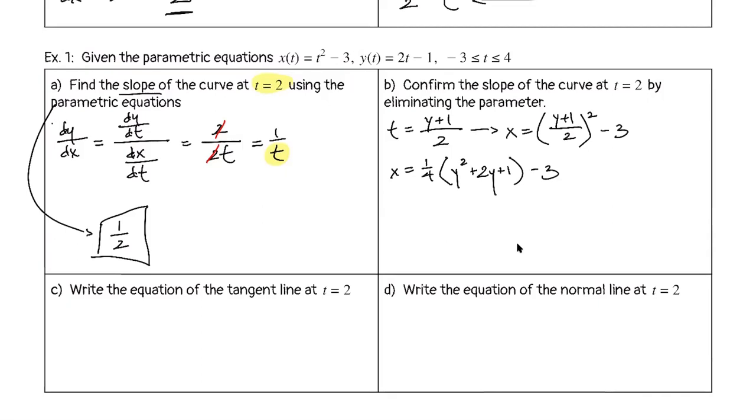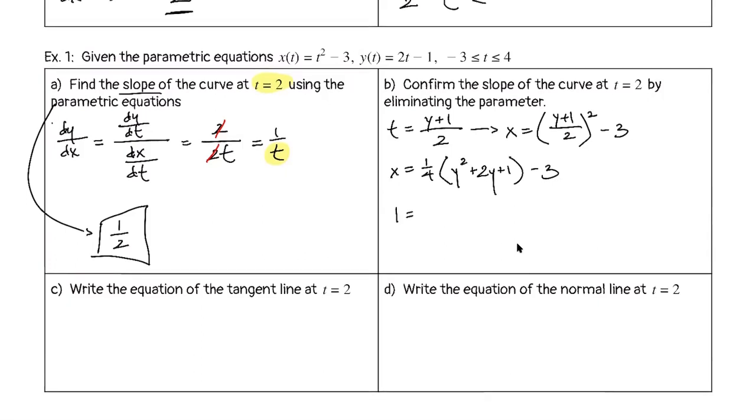And I'm going to go ahead and find my derivative using implicit differentiation. Okay. So that means that I'm going to have my 1 over here. This is going to be 1/4 times (2y dy/dx plus 2 dy/dx). And then that 3 goes to 0 when I take my derivative. Okay.